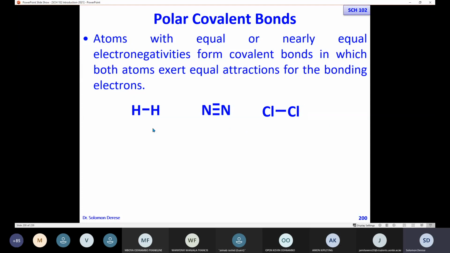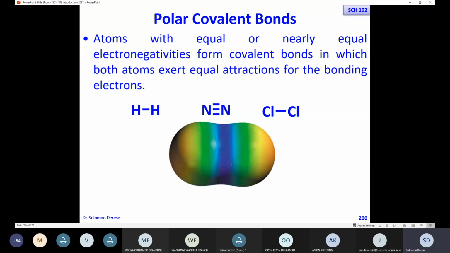When you have a chemical bond between identical elements or between elements that have nearly equal electronegativities, the electrons of the bond are going to be shared equally.